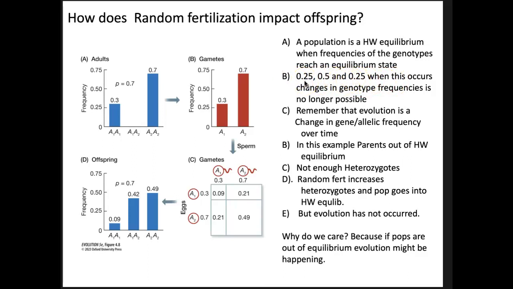So we have reached an equilibrium state when we have basically 25% homozygous dominant, 50% heterozygous, and 25% homozygous recessive. Okay, and so when we're reaching a state like this, an example of Hardy-Weinberg equilibrium, what we start to find is that changes in the genotype are no longer possible unless we introduce mutation.